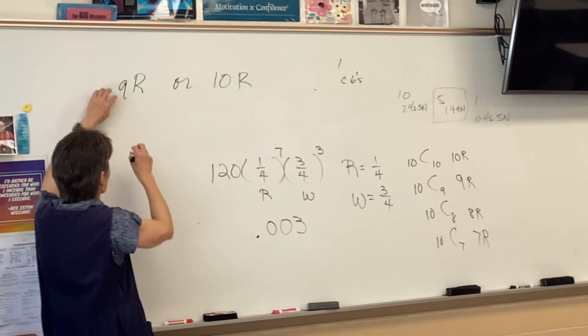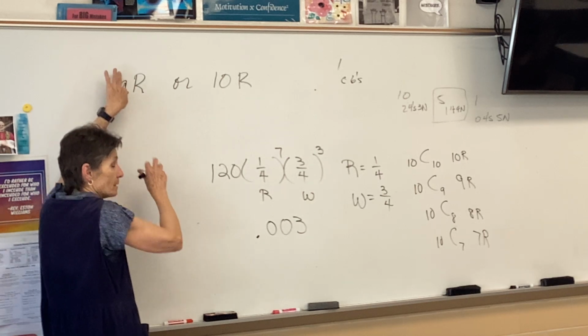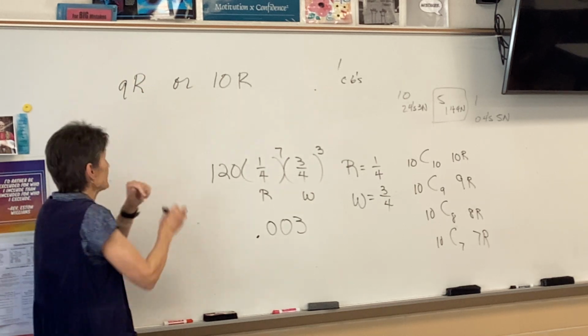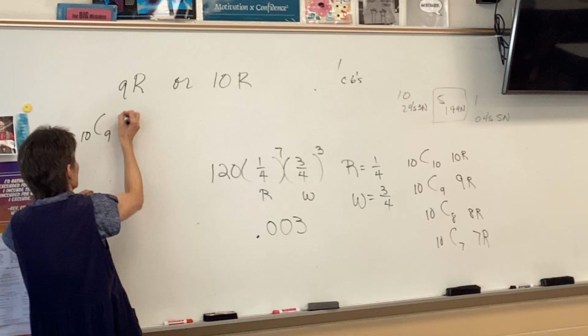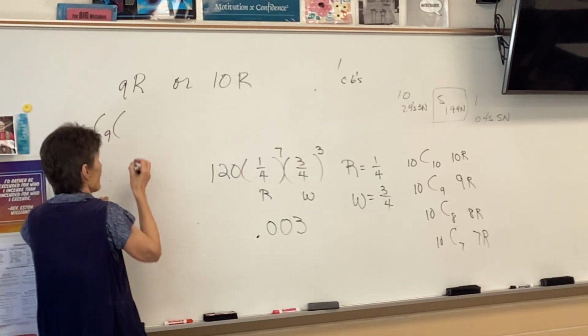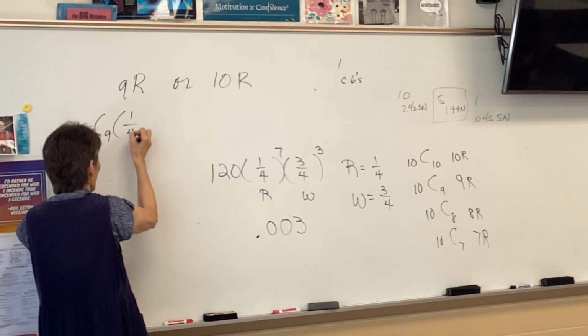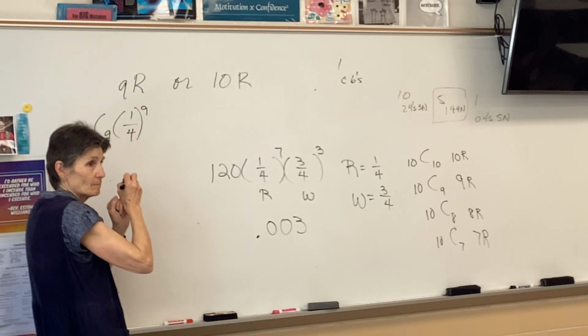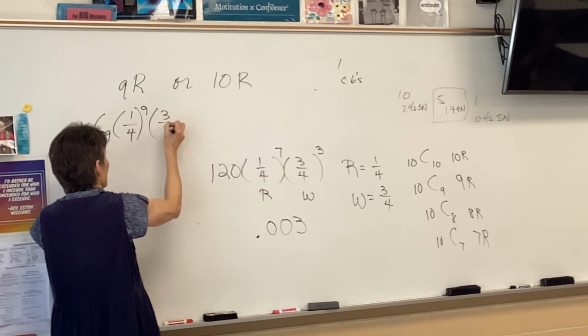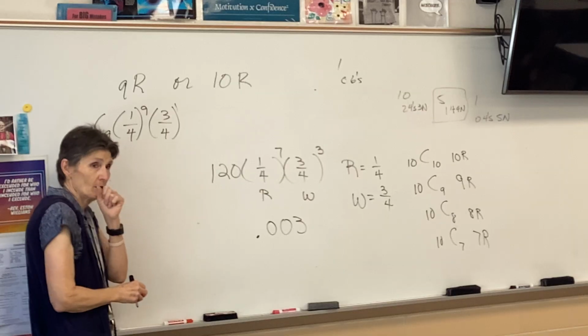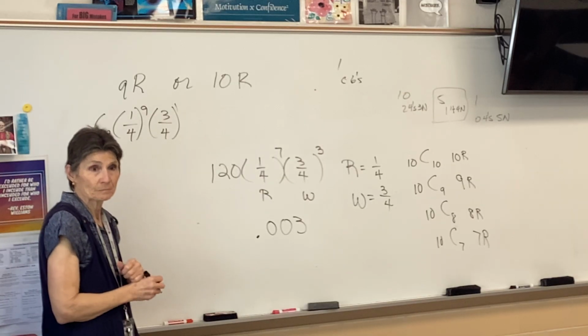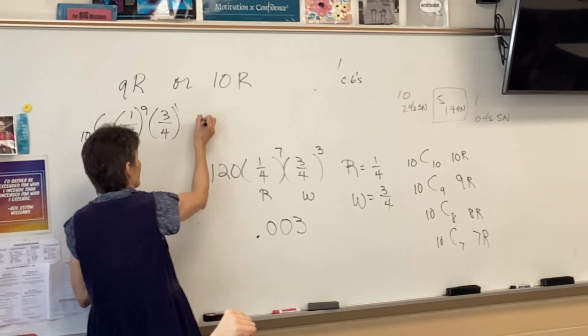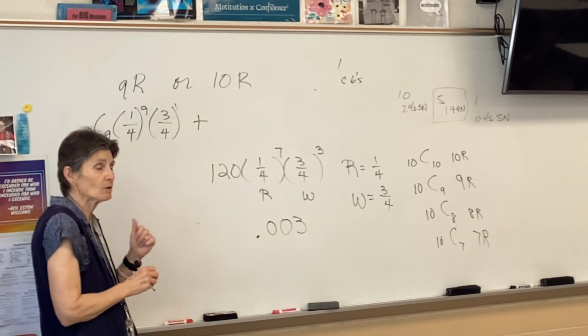What is 9 right gonna look like? 10C9 times 1/4 to the 9th and 3/4 to the first. Or 10 correct. What's 10 correct look like?